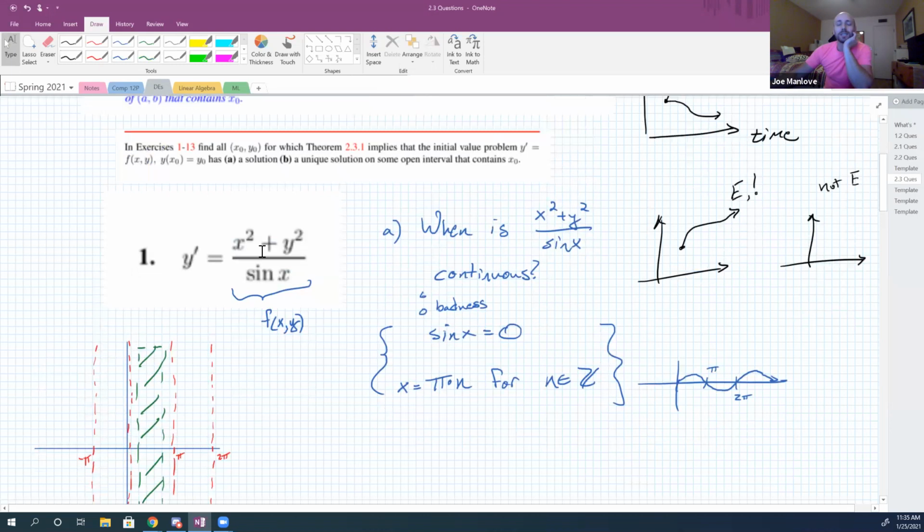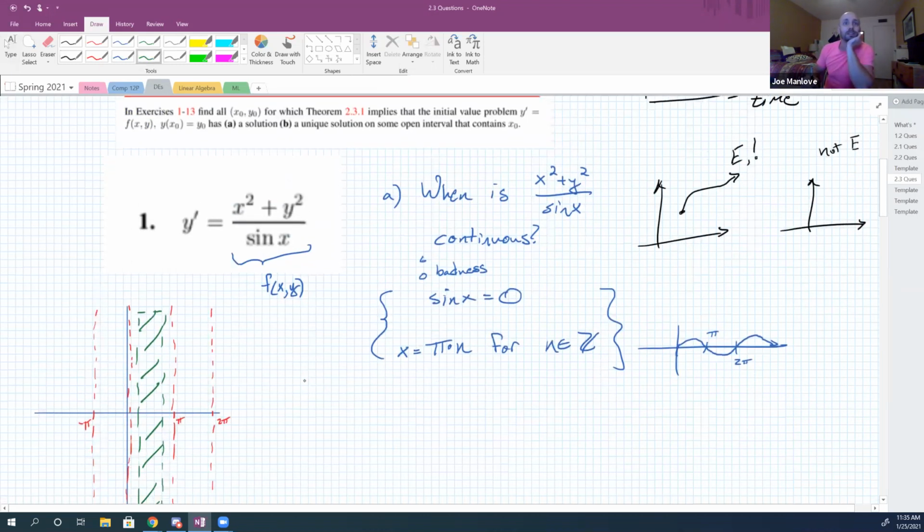And so my x naught, y naughts are literally the set of points x and y with x not equal to pi n for n in Z. Maybe just in keeping with notation, we'll do that. So this is the answer to part A.